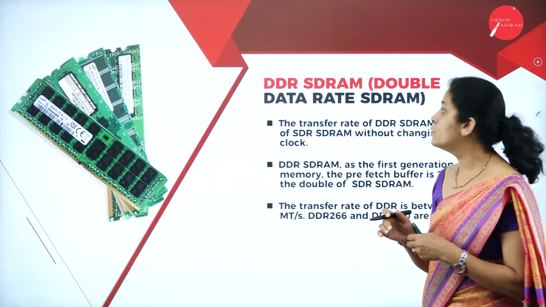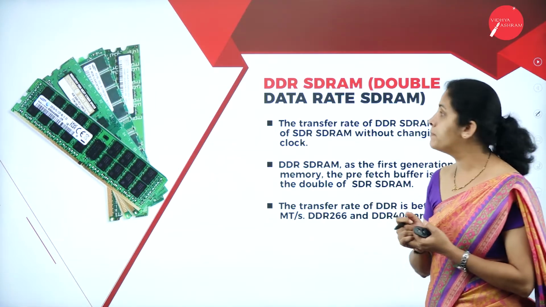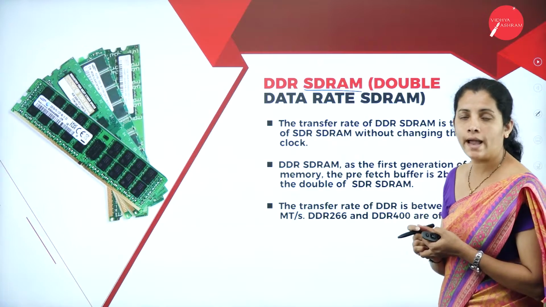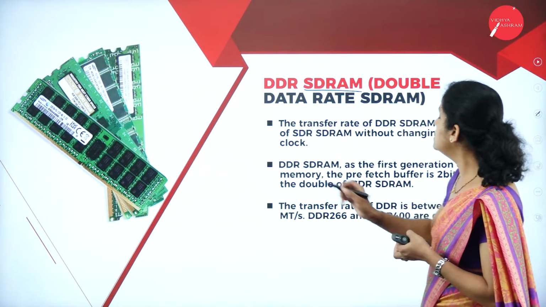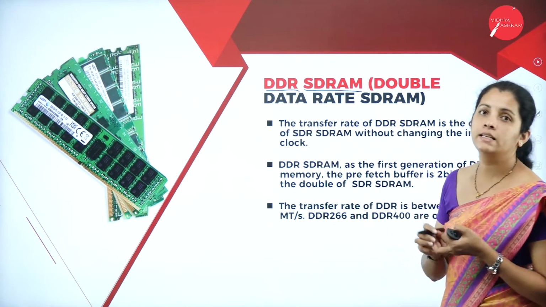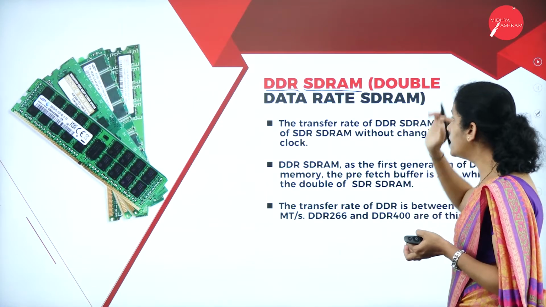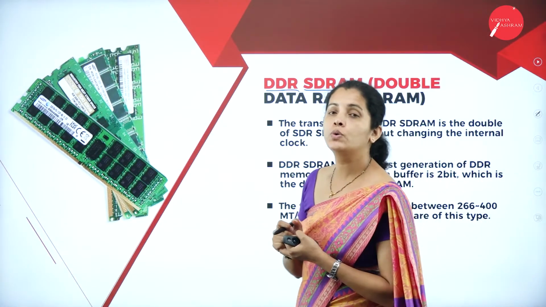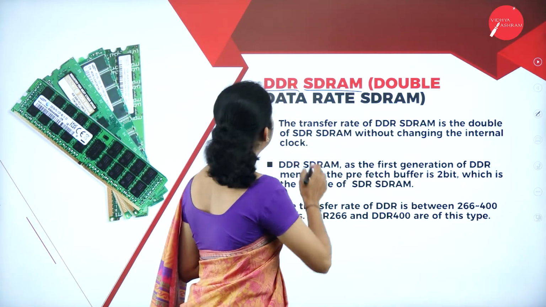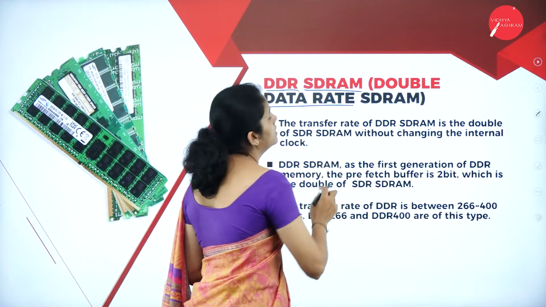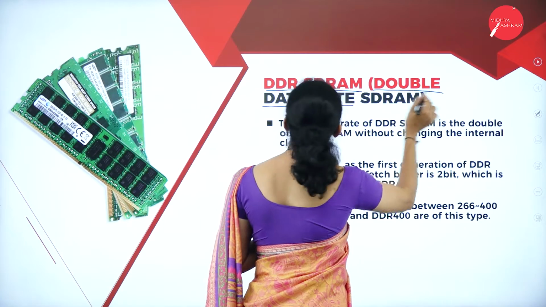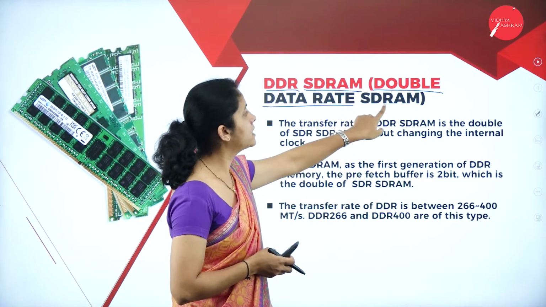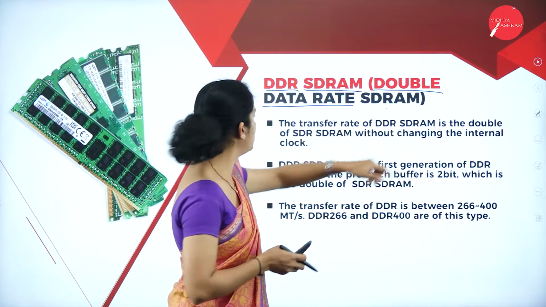Moving further, I'm going to have another type of synchronous dynamic random access memory, that is DDR, that is double data rate. That means whatever data rate we are going to have, that is double the data rate. So it is called double data rate synchronous dynamic random access memory.